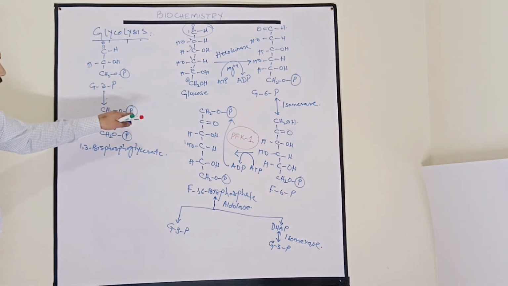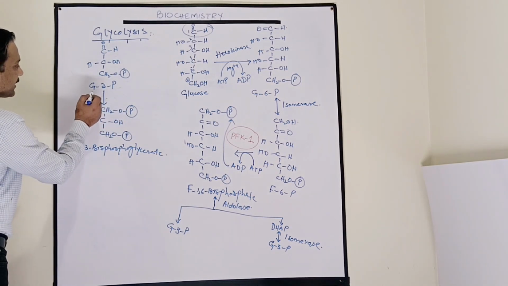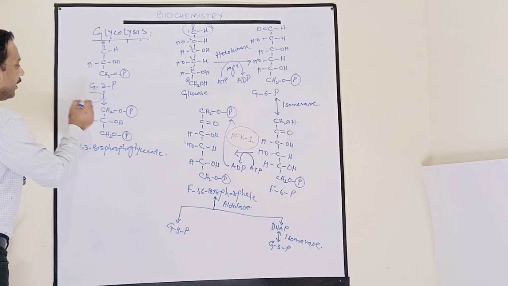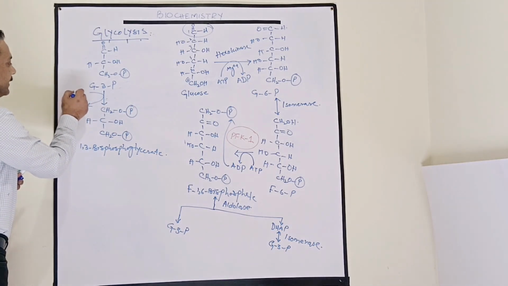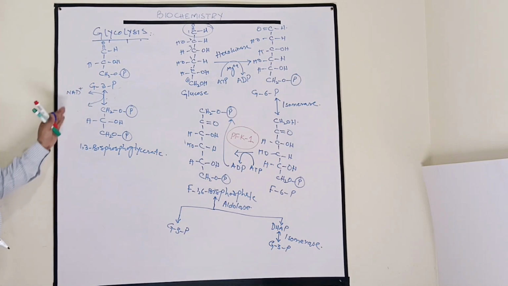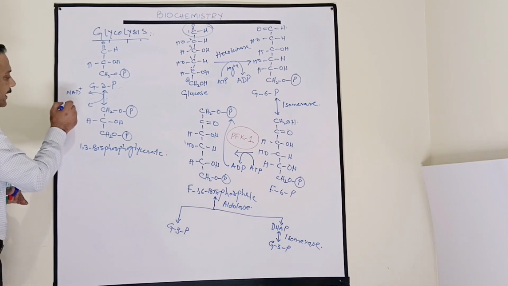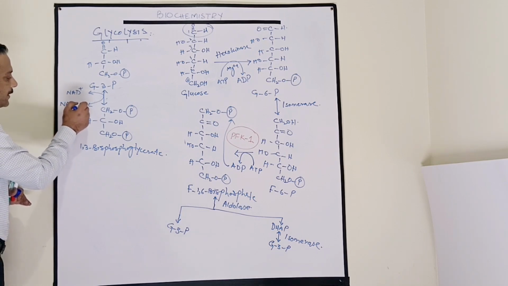Now we have two phosphate groups, so this phosphate basically comes, in this reaction, from inorganic phosphate, and one molecule of NAD, nicotinamide adenine dinucleotide, is reduced to NADH plus H plus. This is a reversible reaction.